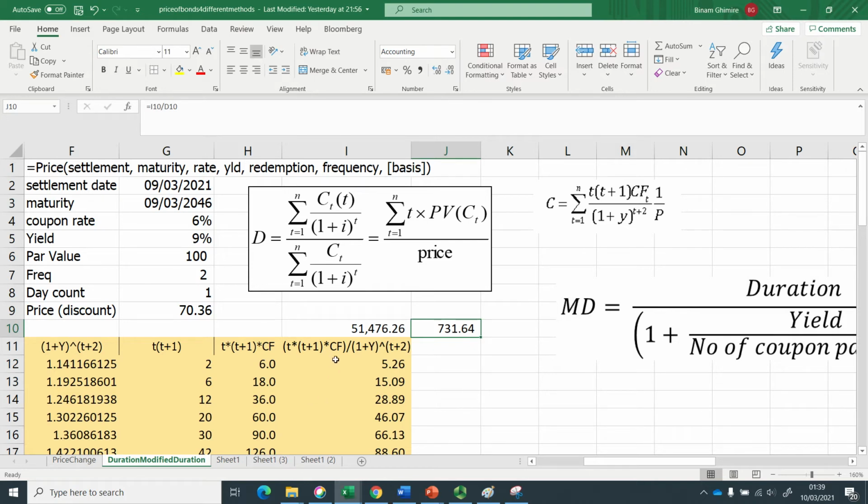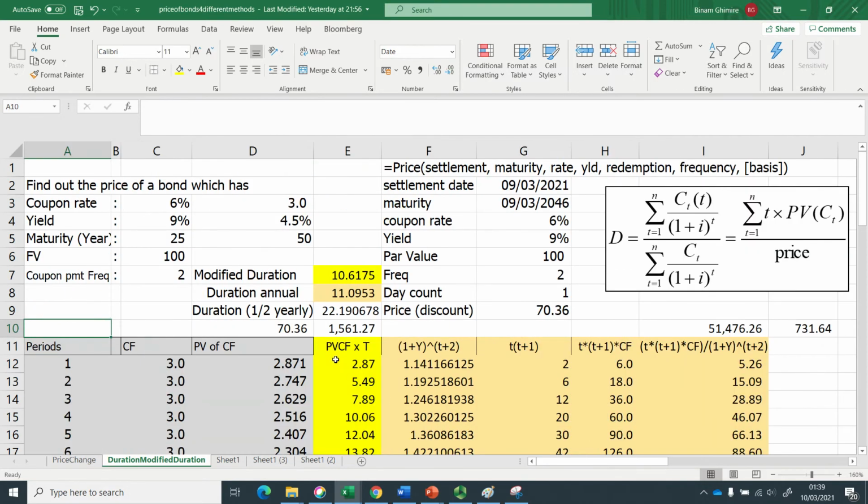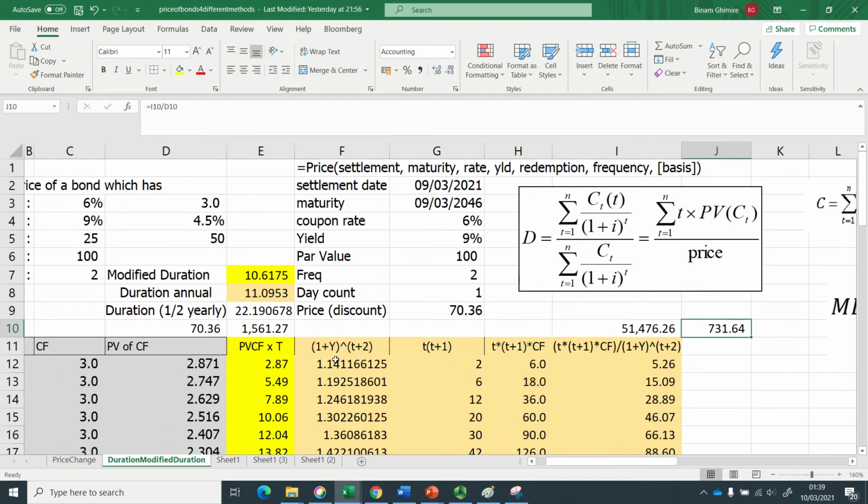This is my semi-annual, half-yearly convexity. In order to convert it into annualized, slightly different from the duration, you need to divide it by the square of the coupon payment frequency. So the coupon payment frequency is 2, so square it. Okay, so that's what we have done.